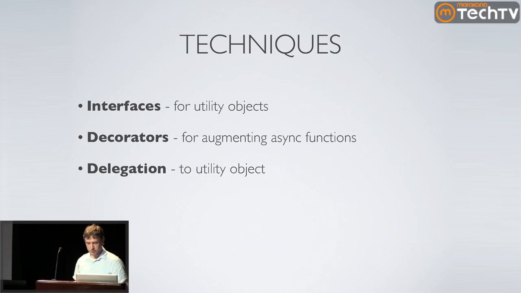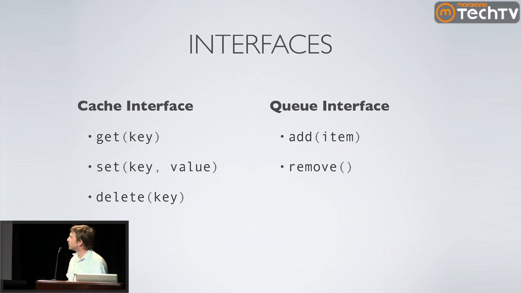So when we're talking about interfaces, we're just defining how you actually use this object, not exactly how it works. So here we've got a cache interface. It's got get, set, and delete methods, so you can give it a key and get content out of it.